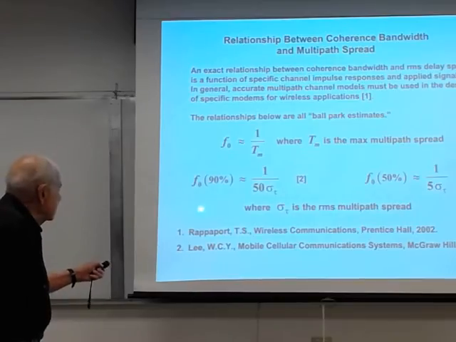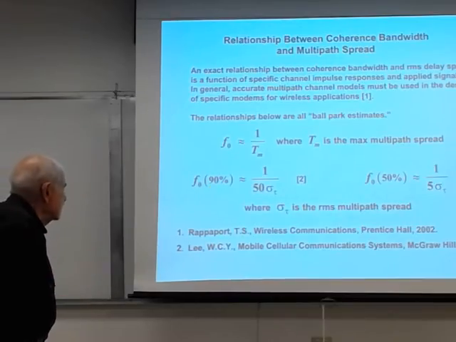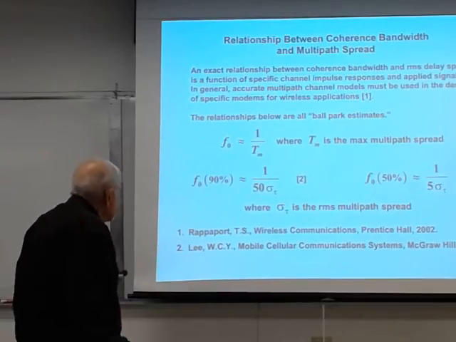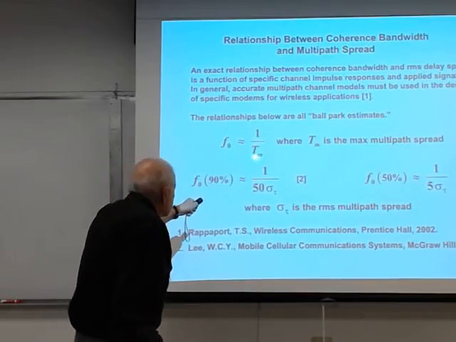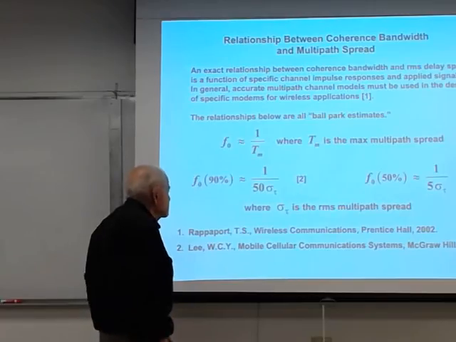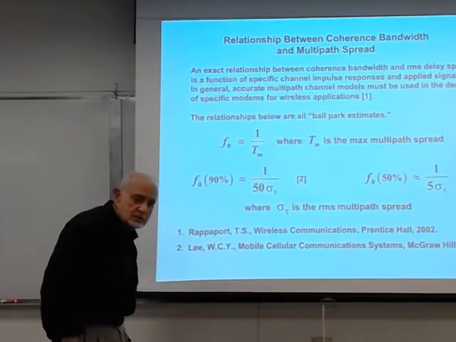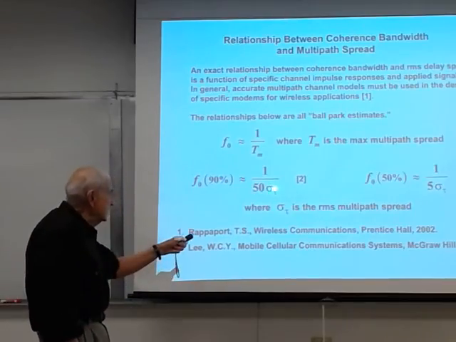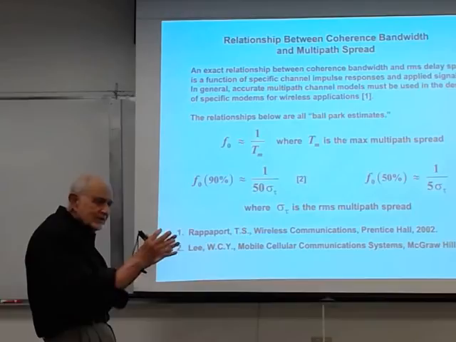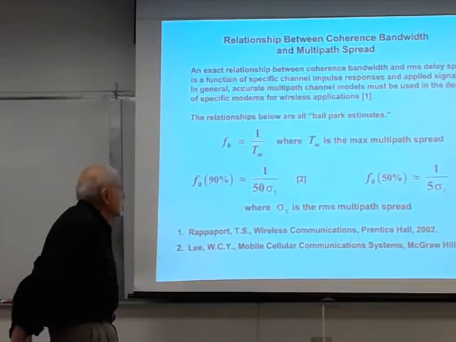We call that 90% correlated, and that is the approximation we've been using where T sub m is the max. So I haven't yet defined to you how you get an RMS, but just put it on hold for now. When you get the RMS, you know it's something less than the max.